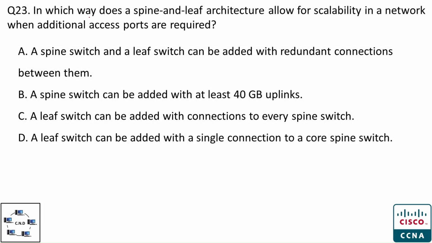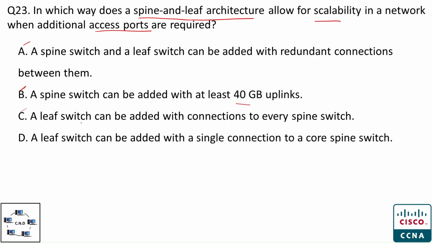Question number 23. In which way does a spine and leaf architecture allow for scalability in a network when additional access ports are required? Option A, a spine switch and a leaf switch can be added with redundant connections between them. Option B, a spine switch can be added with at least 40 GB uplinks.